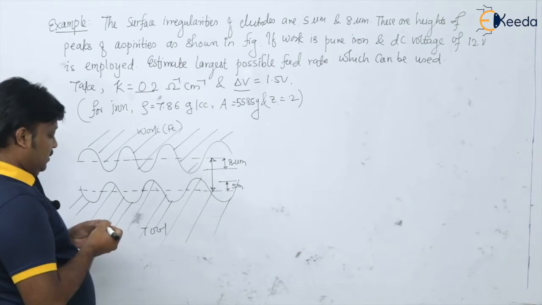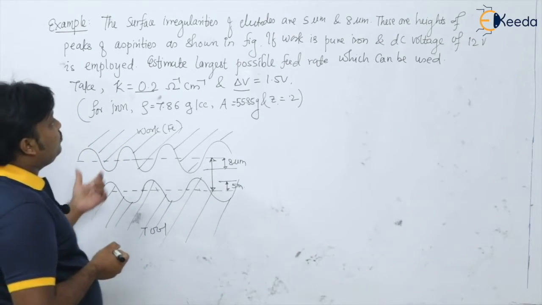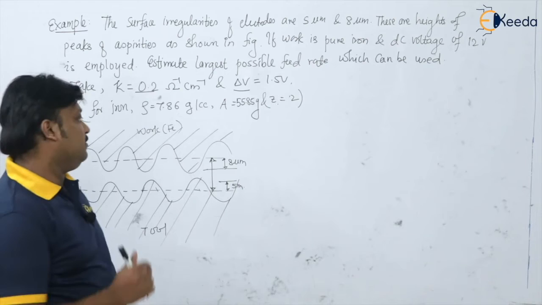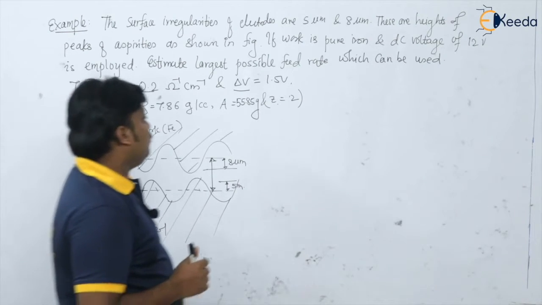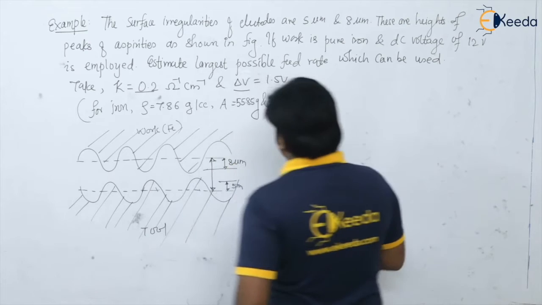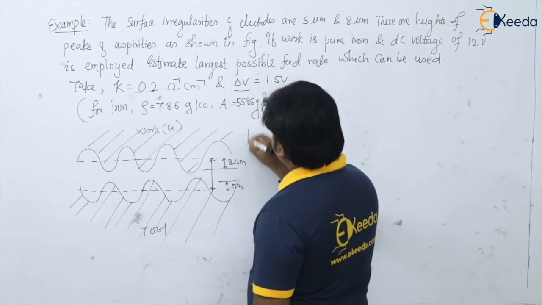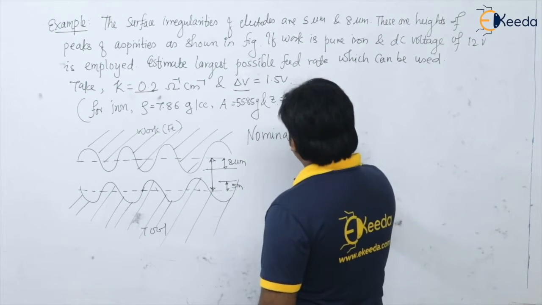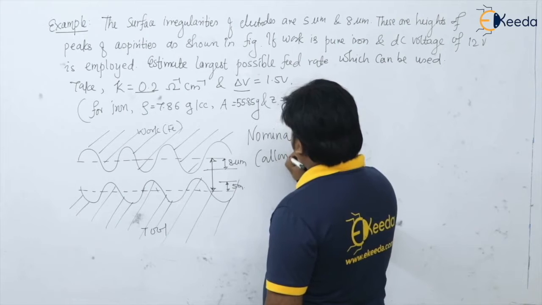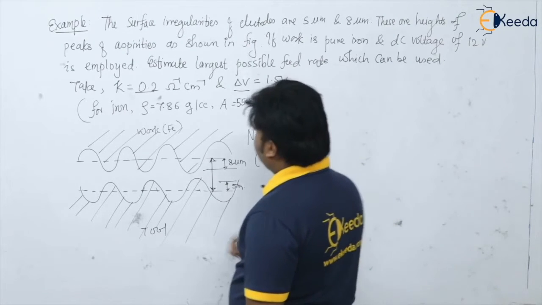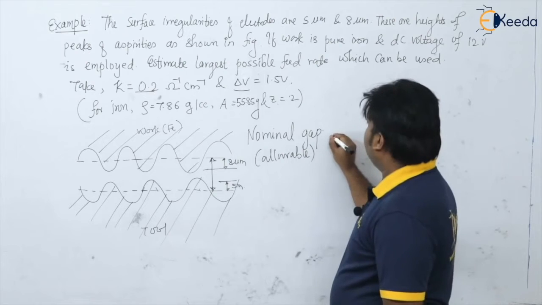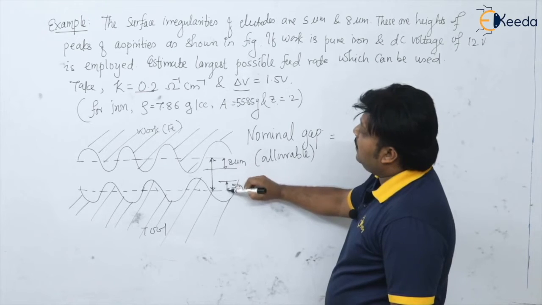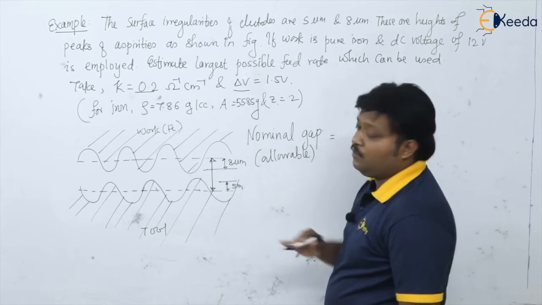So of course here the peaks of asperities are given for the work surface and electrode surface, and we have seen this. In this case, what we have to take as the nominal gap? Allowable nominal gap between the two electrodes, that is work and tool, is the sum of the peak values of the work surface as well as the tool surface.